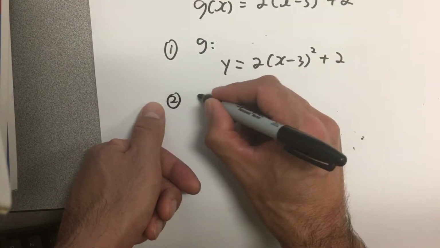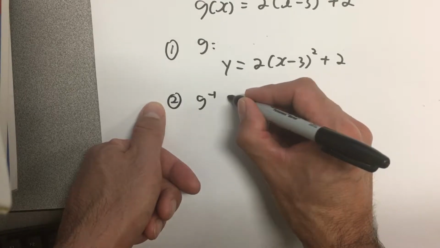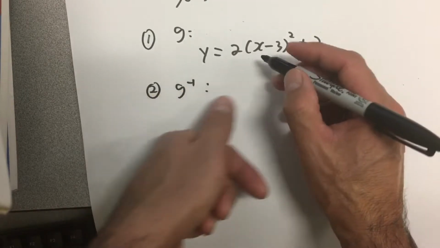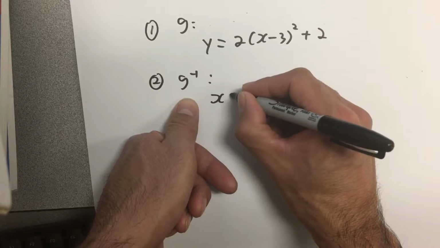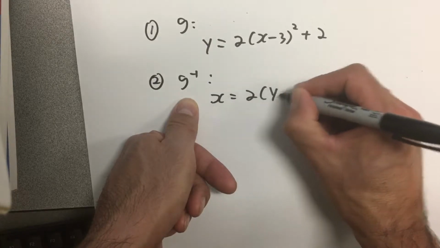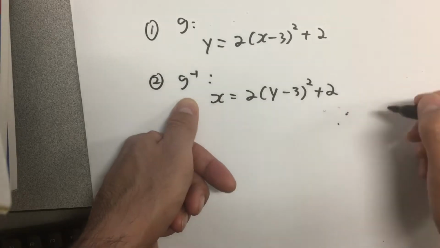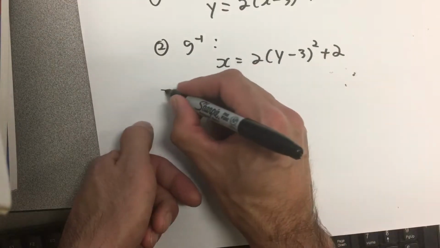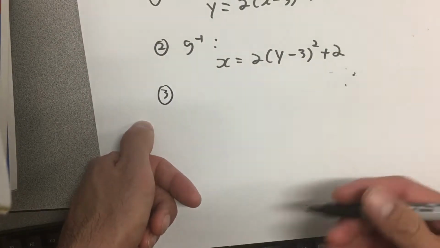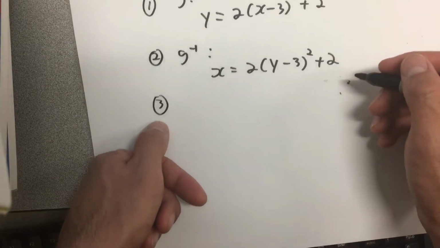Two, identify that this is the inverse, and we swap x and y. And finally, step 3, we're going to isolate y to explicitly state our function.